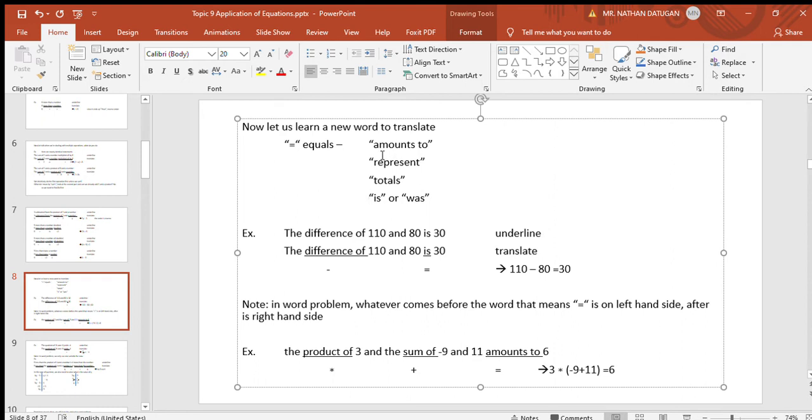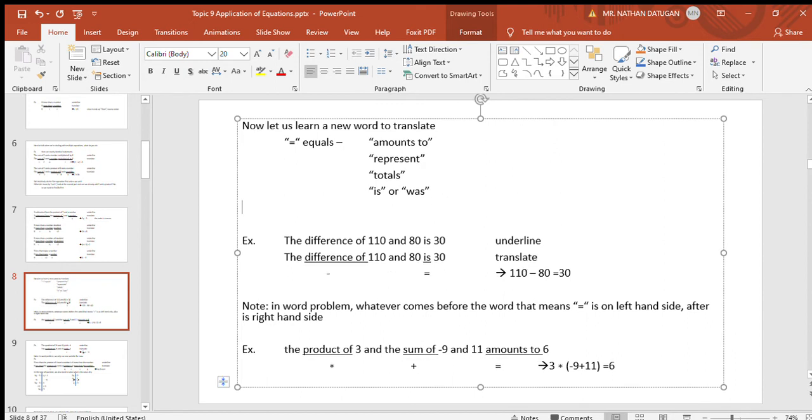Okay, so amounts to, represent, total, is, and was indicate the equal sign. There are other words, but these are the most common. Well, let's add one more. This word also means equal.